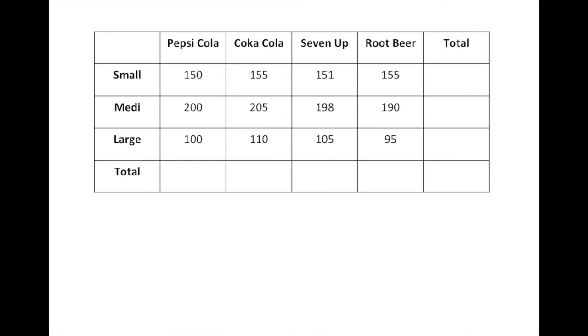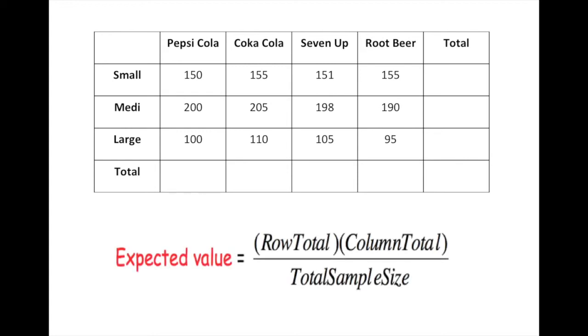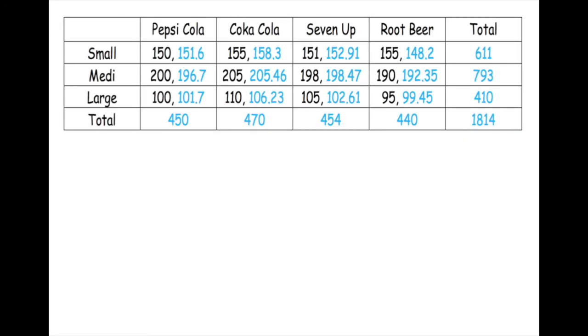So what's our first step to solve this problem? Absolutely, to calculate the totals. And the expected value here is row total times column total divided by total sample size, which I need to review again. Now we see this table. The total for Pepsi Cola is 450, for Coca-Cola 470, for 7-Up 454, and for root beer 440.